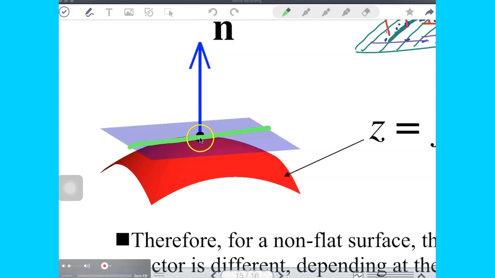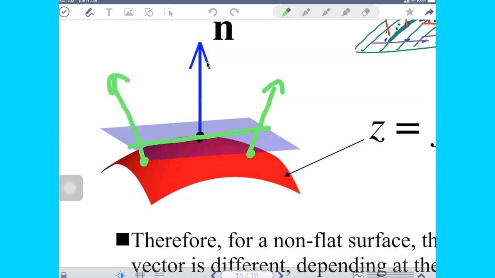The normal vector to this tangent plane is in this way. If you have a point over here, your normal vector will be that way. If you have a point here, the normal vector will be that way. So that is your N, and that is your N.